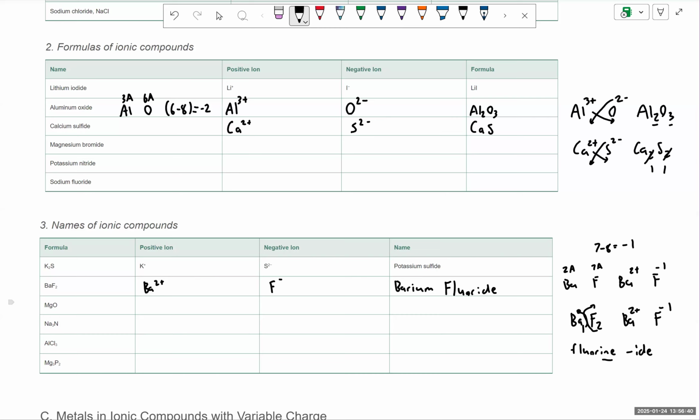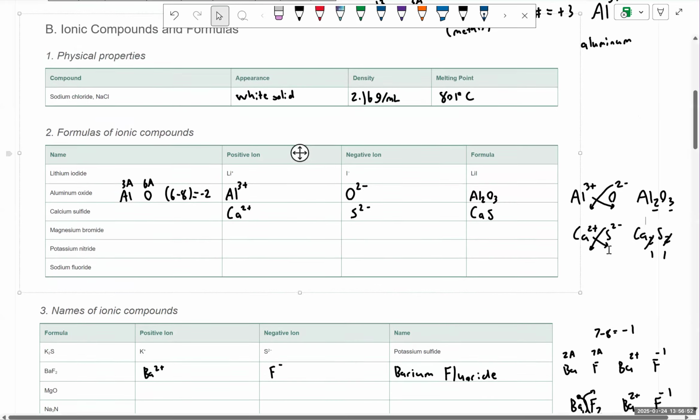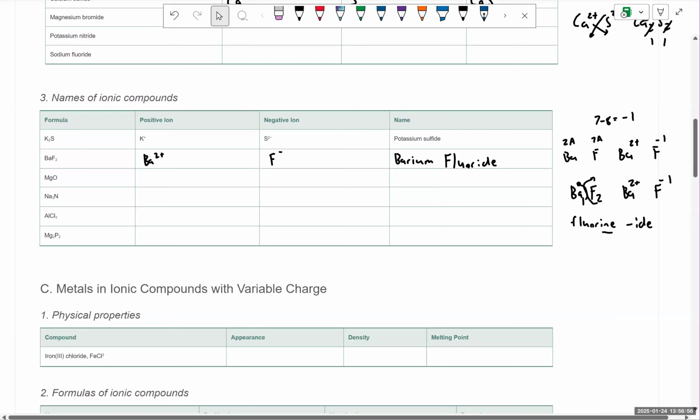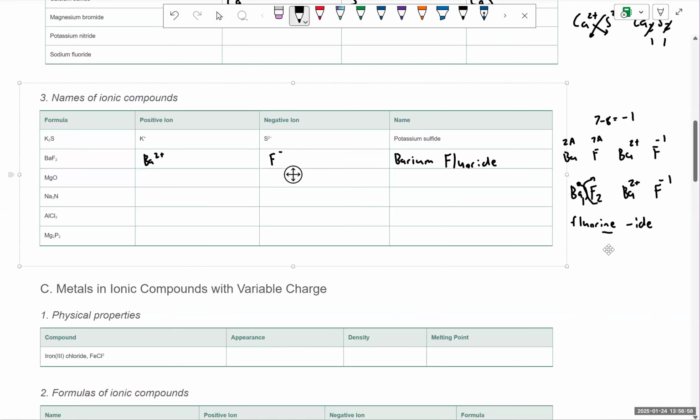Okay, now let's look at an example where when we try to calculate the charges using the formula method, things get a little bit weird. In this case, let's look at magnesium oxide. So MgO.